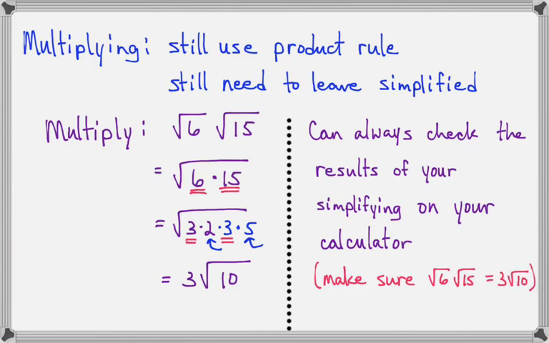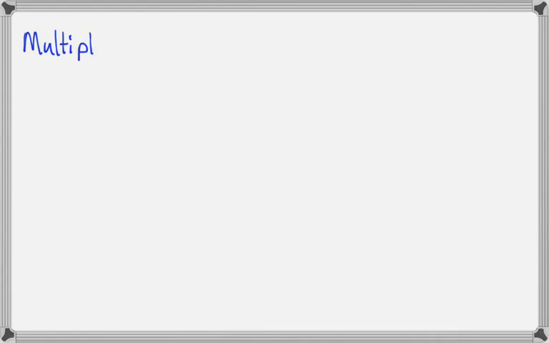Okay, here's another example. Let's do square root of 12 times square root of 54. Now the product rule says we can combine them under one radical, and the product rule would let us do 12 times 54. It would be a huge number that we'd just have to start breaking down. It's already started for us though, so don't combine these. Just continue breaking them down. Notice that both of these are multiples of 6.